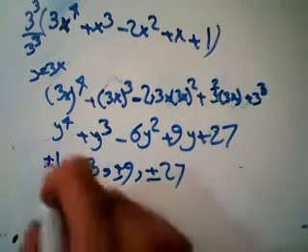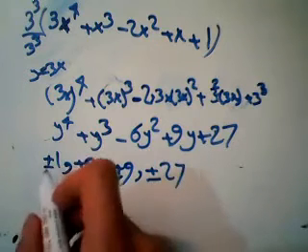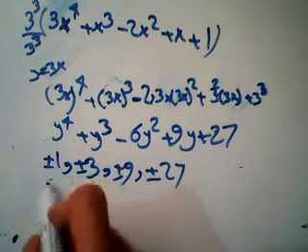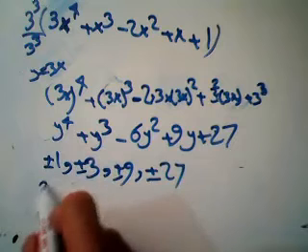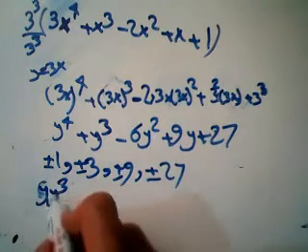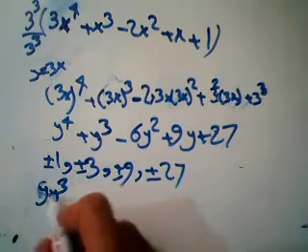And for calculating it for y equals plus or minus 3, we use the method. We write it as y cubed times y, and we substitute plus 3 into the first y.